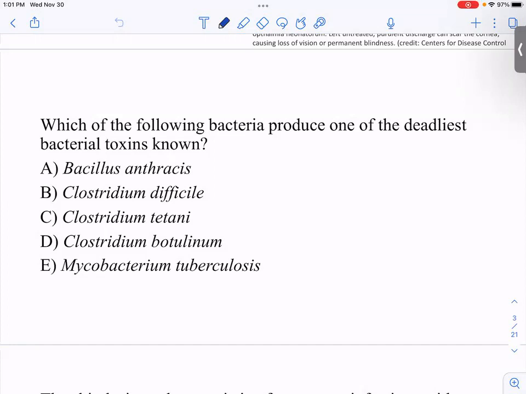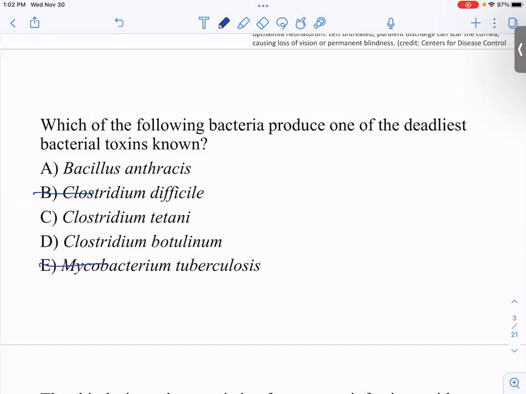Okay, I thought maybe this one was kind of on the easier side. I was going through trying to find questions from our old textbook. Which of the following bacteria produce one of the deadliest bacterial toxins known? So C. diff does make a toxin, but not a particularly deadly one.